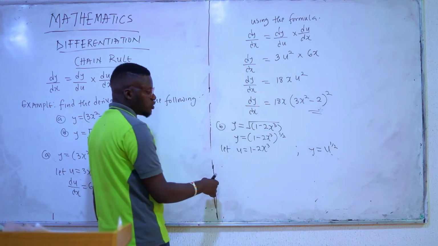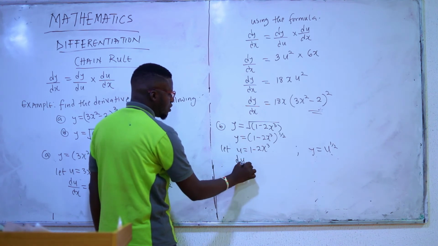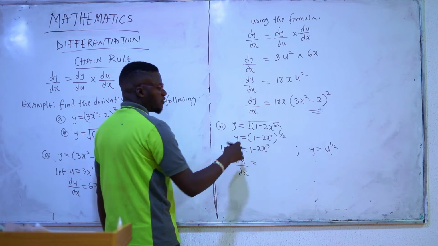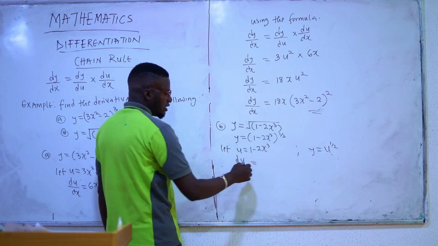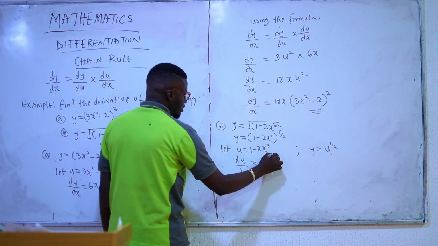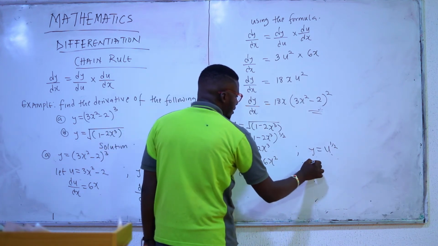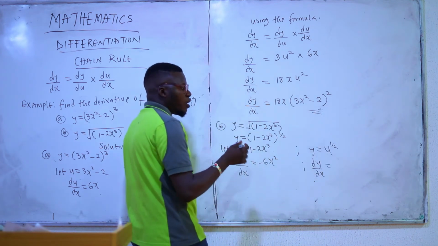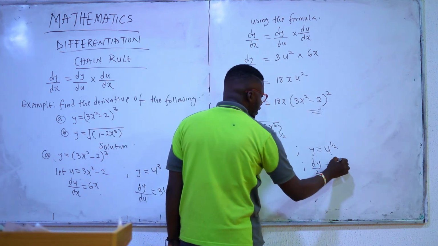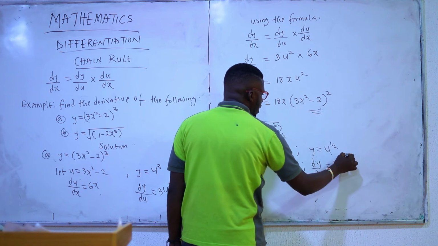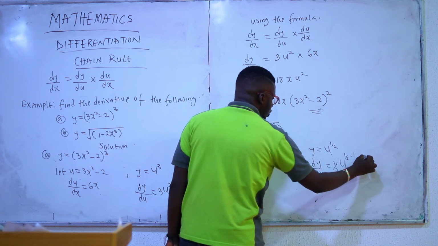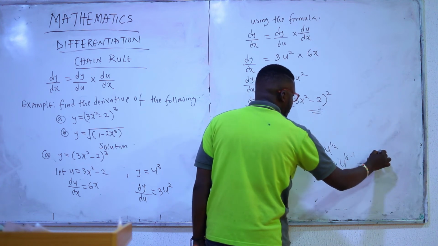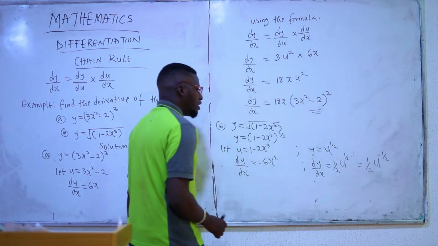So I'm going to differentiate this with respect to dx. Differentiating here, I'll have du over dx is equal to differential of 1 is 0, while differential of minus 2x raised to the power 3 is minus 6x squared. Then dy over du is differential of u raised to the power 1 over 2, which is 1 over 2 u raised to the power of 1 over 2 minus 1, equal to 1 over 2 u raised to the power of minus 1 over 2.